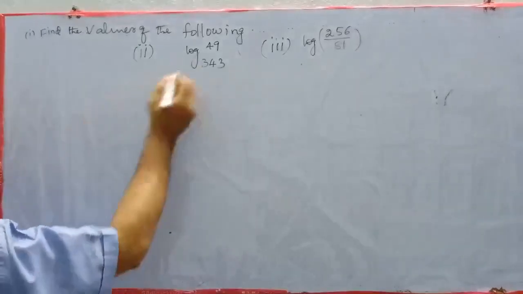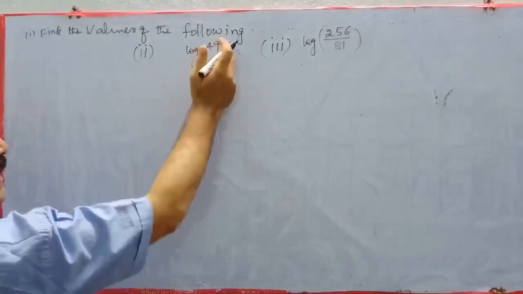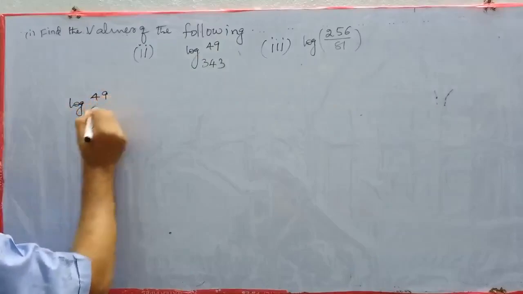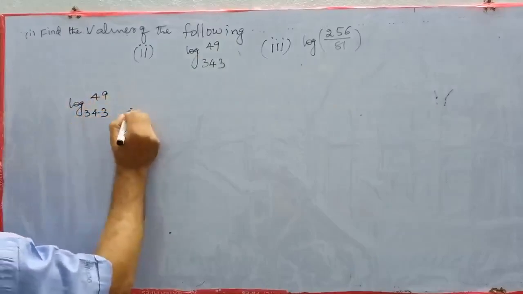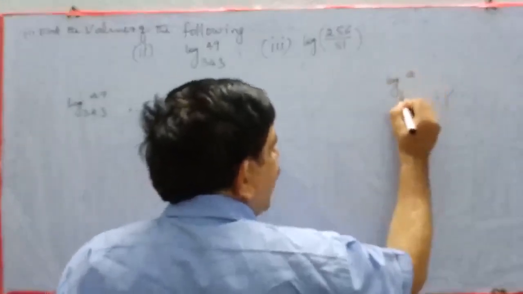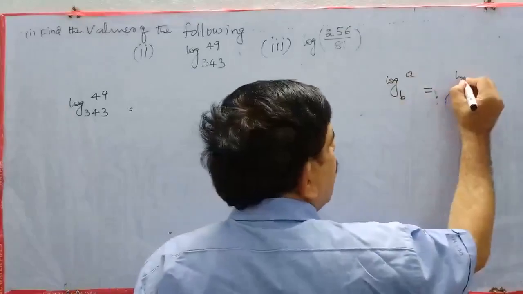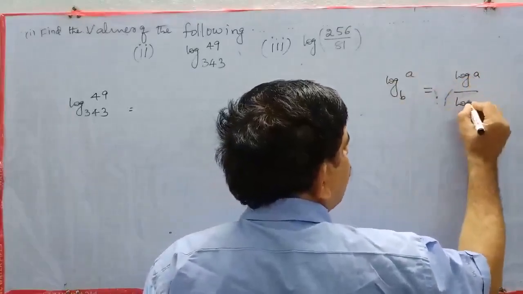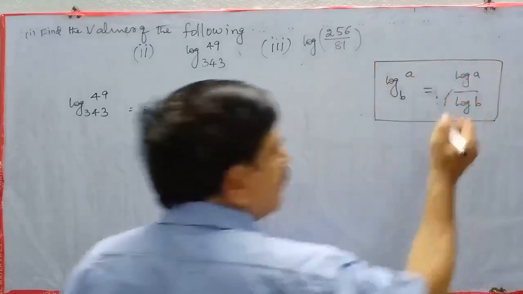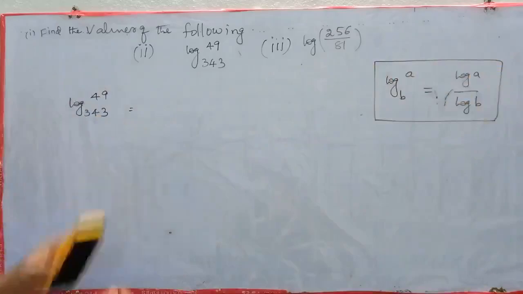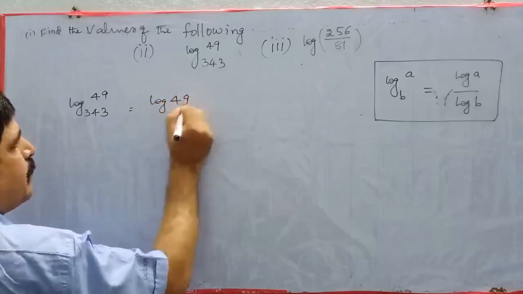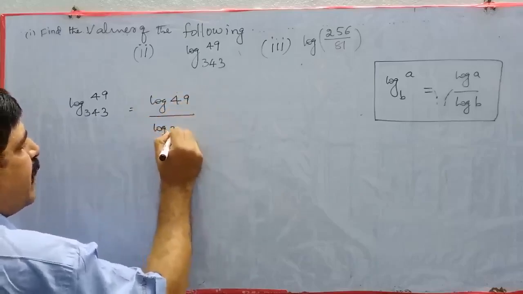There is another method to find the value of log 49 base 343. Log a base b can be written as log a by log b also. So using this identity I can write this one as log 49 by log 343.